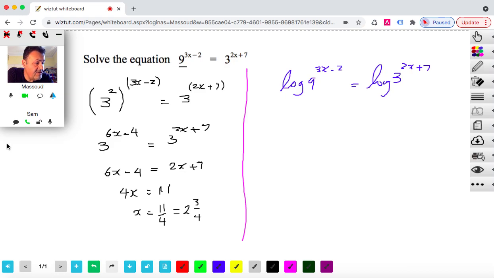So I'm going to bring it out as a coefficient, but I am going to put it in a bracket, making sure that we know that 3x minus 2 together were the power. So log of 9 is equal to, bring the power of the other one, put it as coefficient, so that would be 2x plus 7, and that would be log 3.